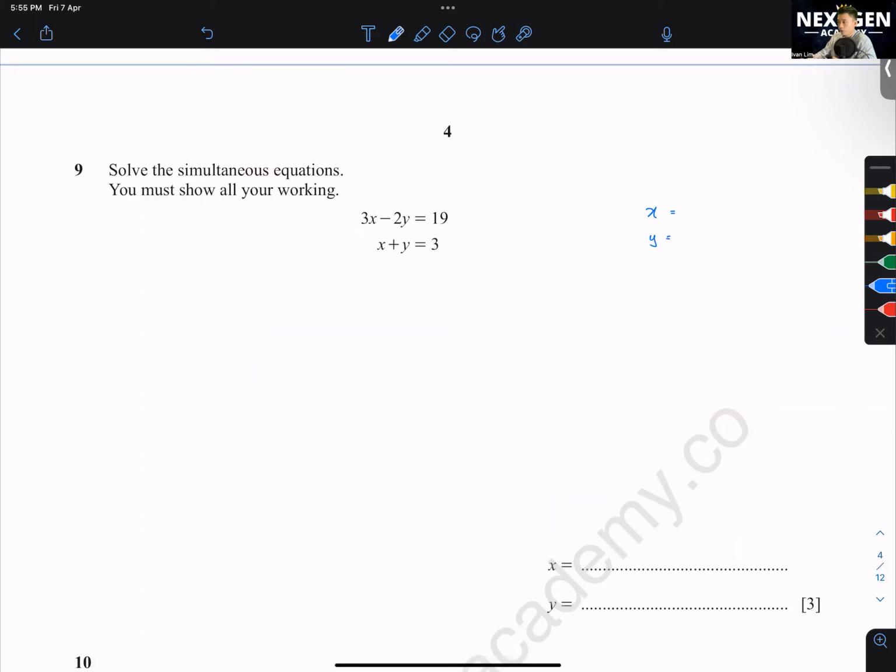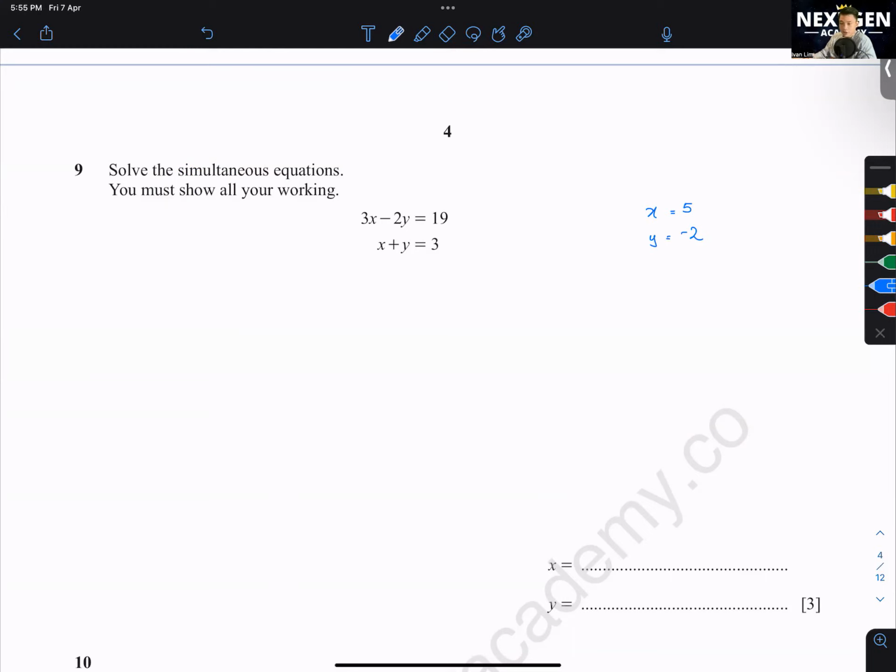What do you all get? x equals to 5, y equals to -2. Very good. I want you all to always do this first. Remember in exam. Then after that, you only show your working. Because for 3 marks, we know what's the outcome that we should get, unless you type into the calculator wrongly.